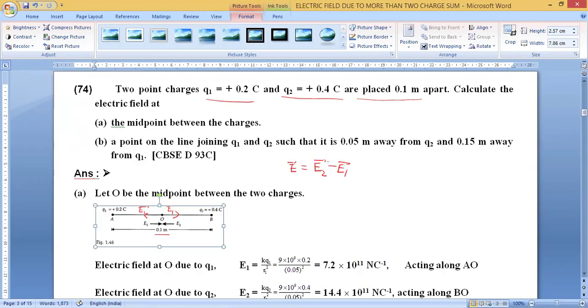Magnitude of E2 greater than E1 because Q2 greater than Q1, because R2 is equal to R1.